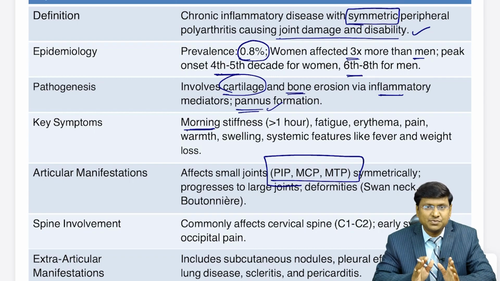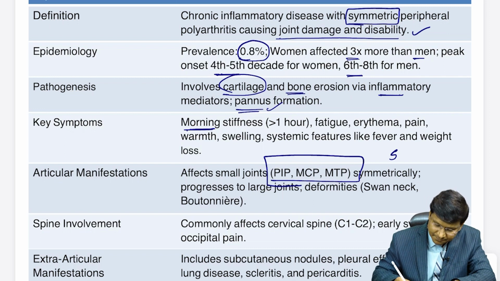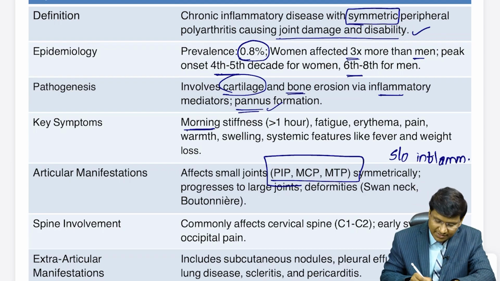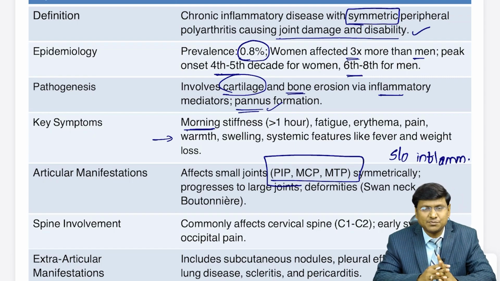In the affected joints, you will have all the signs of inflammation. Now, what are the signs of inflammation? That is rubor, calor, tumor, and dolor. So these will be the signs of inflammation within the affected small joints.